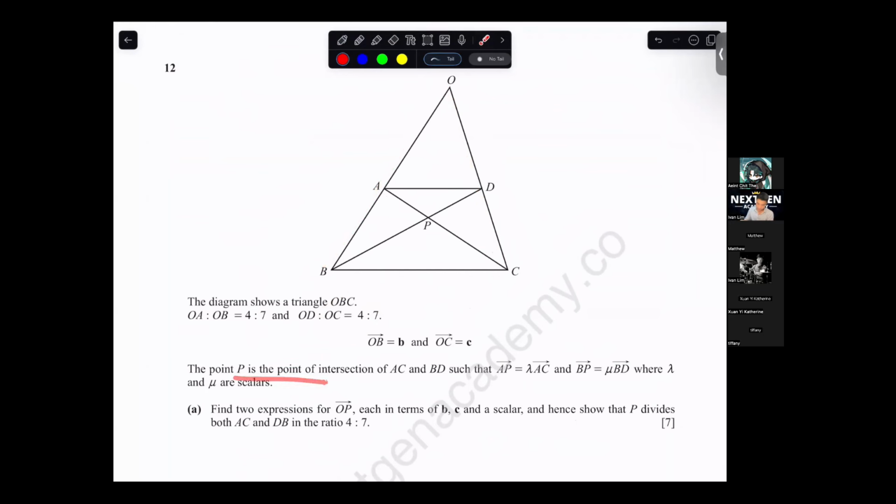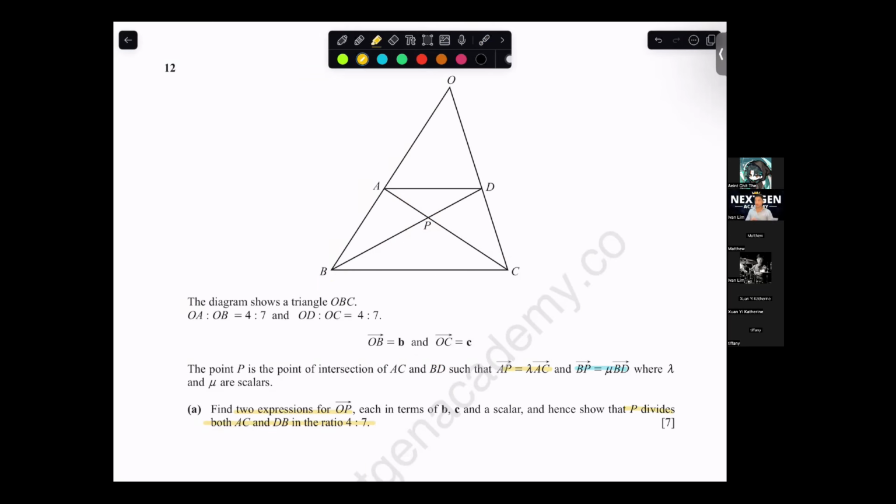The point P is the point of intersection of AC and BD, such that AP is lambda AC, BP is mu BD, where lambda and mu are scalars. Scalars means it's a value. Find two expressions for OP, in terms of b, c and a scalar, and show that P divides AC and DB in the ratio 4 to 7. Okay, this is a 7-mark question.